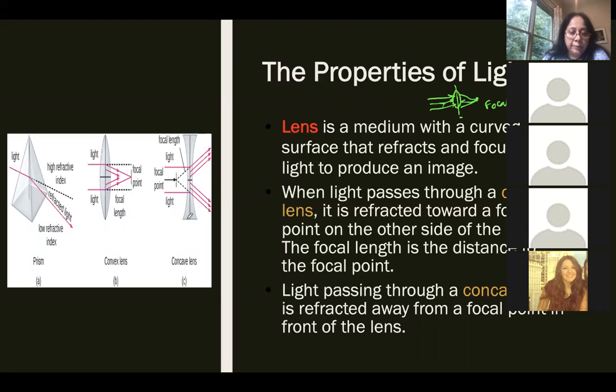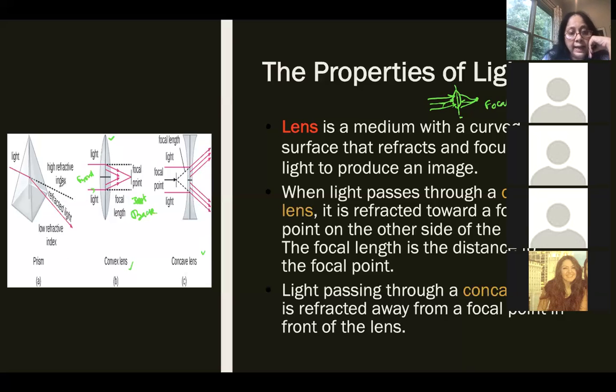We have two different types of lens. For microscope purposes, we usually use two types: the convex and the concave lens. For the convex lens, make sure you know that this is the front side and this is the back side of the lens, because you can see the light is coming from this side, so that means this is the front.